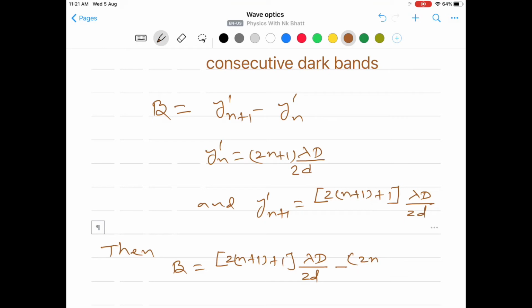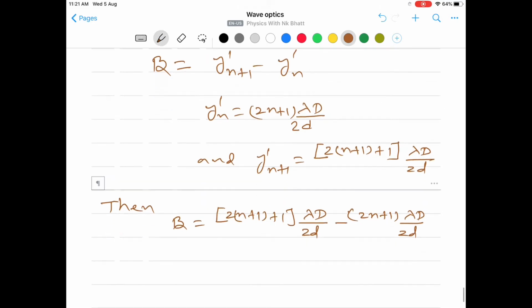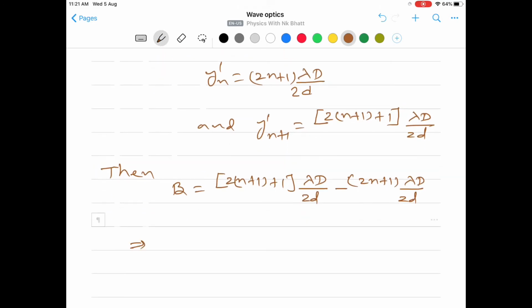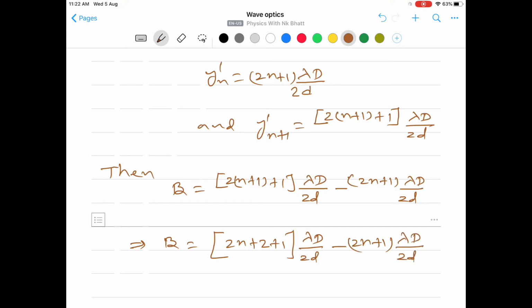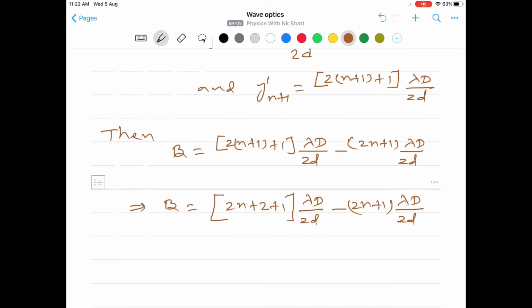minus (2n plus 1) lambda D upon 2d. So what is common here? If you open the bracket, it will be (2n plus 2 plus 1) lambda D upon 2d minus (2n plus 1) lambda D upon 2d.